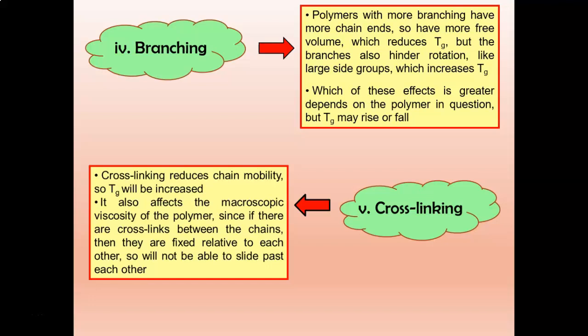And in terms of cross-linking, okay, a polymer that is highly cross-linked will have reduced chain mobility and will increase the Tg. It also affects the microscopic viscosity of the polymer, since if there are crosslinks between the chains, then they are fixed relative to each other, so they will not be able to slide past each other.